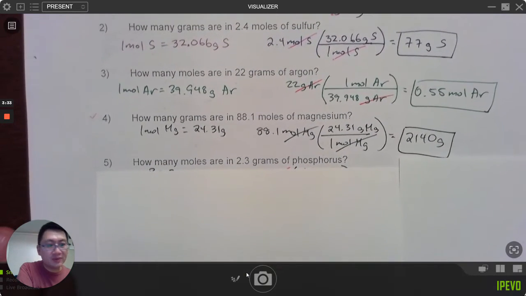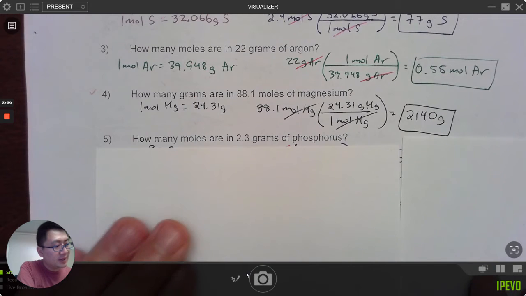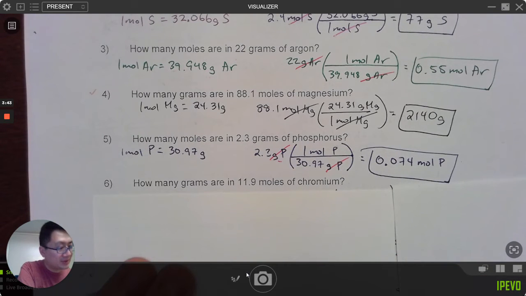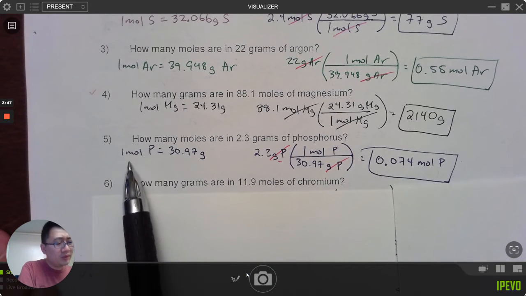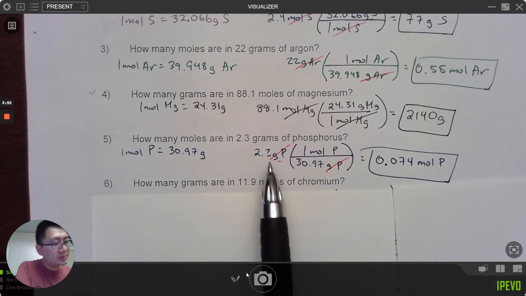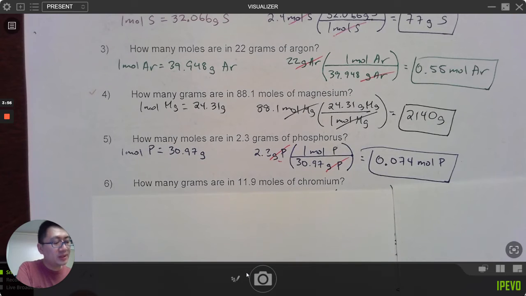Question number 5 says, how many moles are in 2.3 grams of phosphorus? Again, look up the conversion. Oh, well, I have the answer right there. I didn't mean to uncover it so quickly, but 1 mole of phosphorus weighs 30.97 grams. So 2.3 grams divided by 30.97 is 0.074 moles.